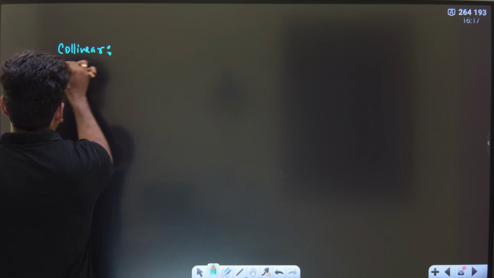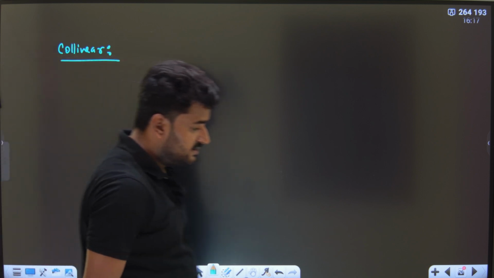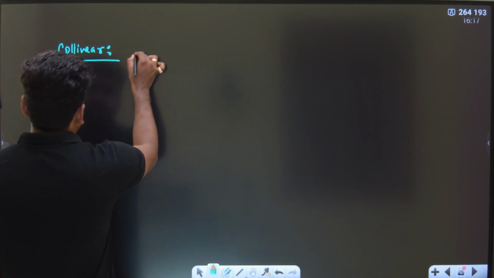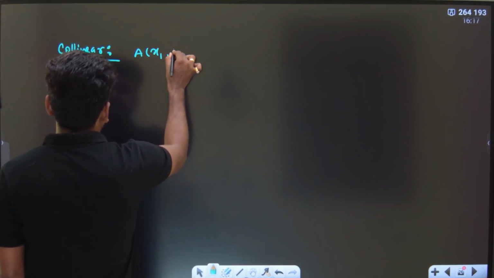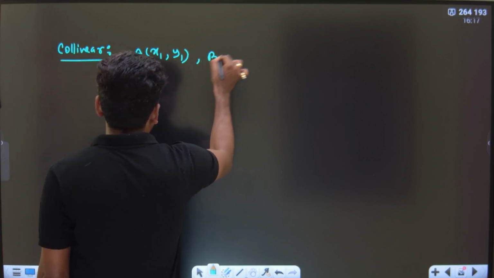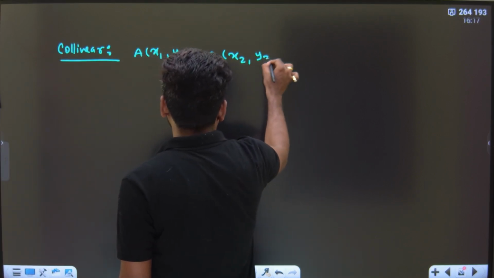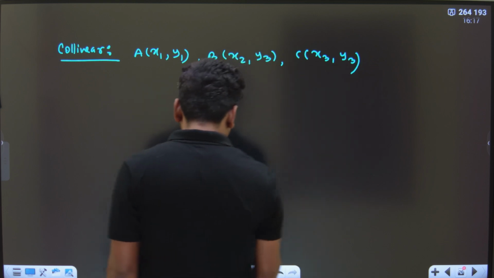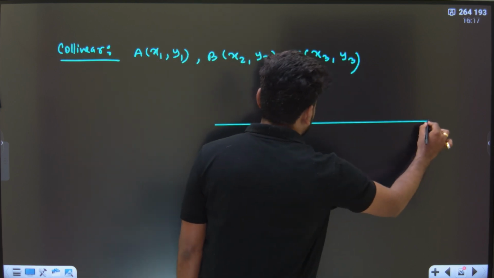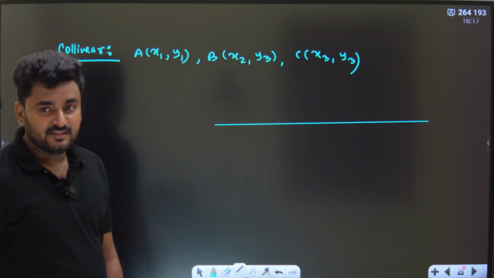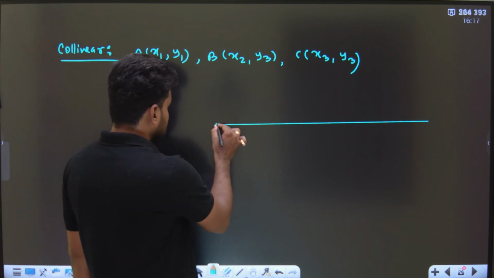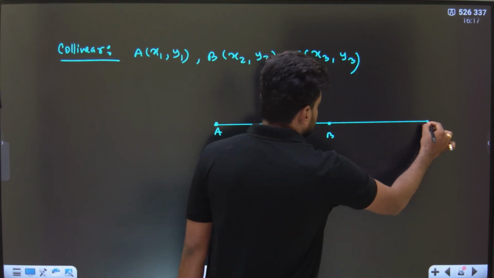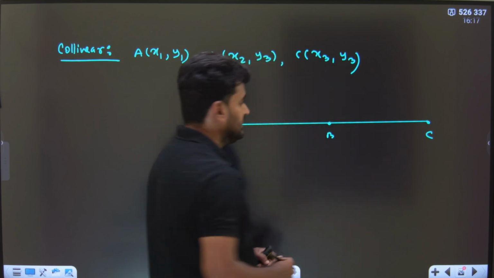For collinearity, suppose the 3 points are A x1 y1, B x2 y2, and C x3 y3. These 3 points are collinear. What is the meaning of collinear? They are lying on the same line.